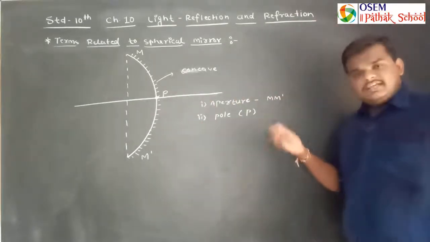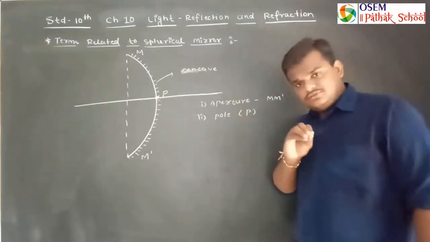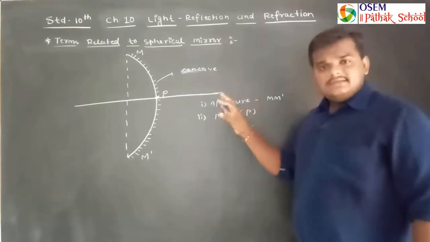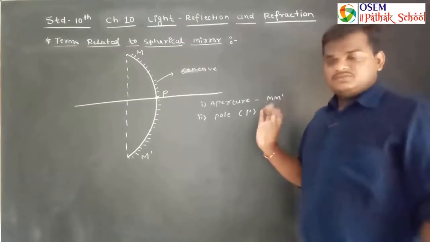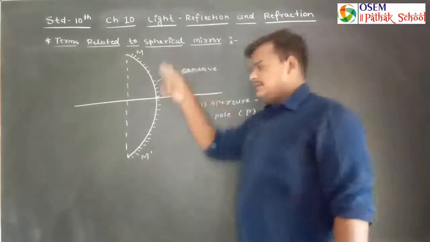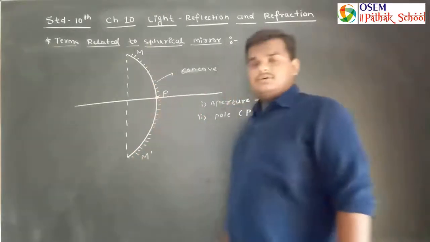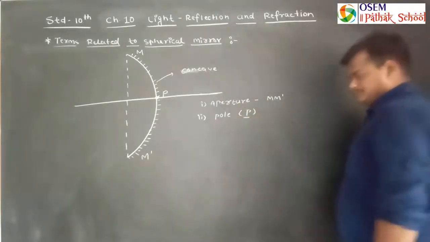Here I am just explaining what the definitions are. You have to write them in your workbook as you learn, यहाँ से सीखते सीखते आपको अपनी बुक में लिखना है. So pole is the midpoint of this spherical mirror, and it is denoted by capital P.